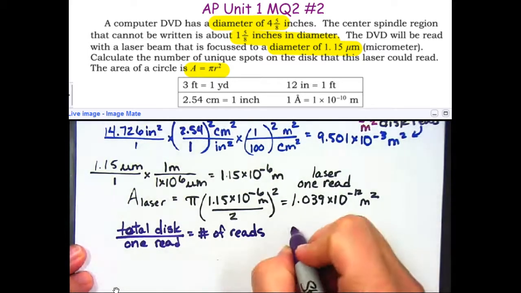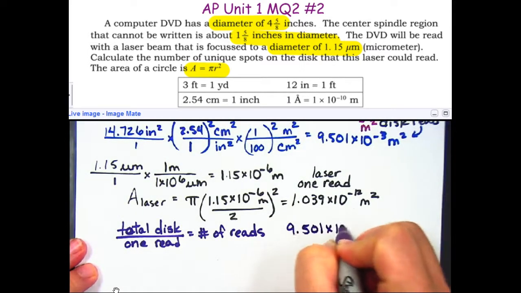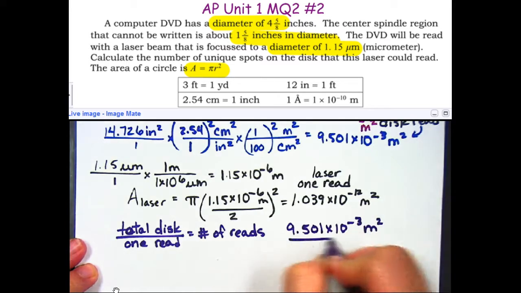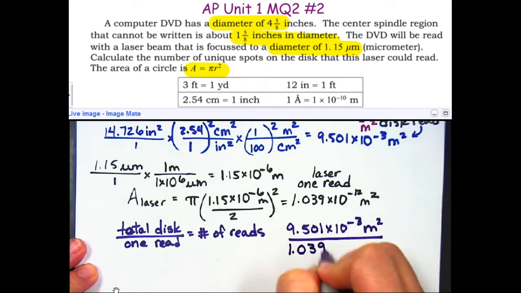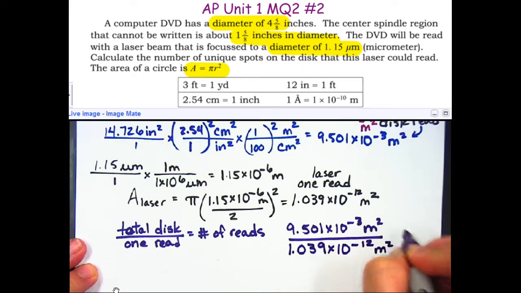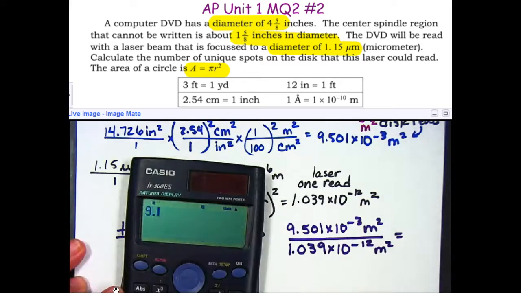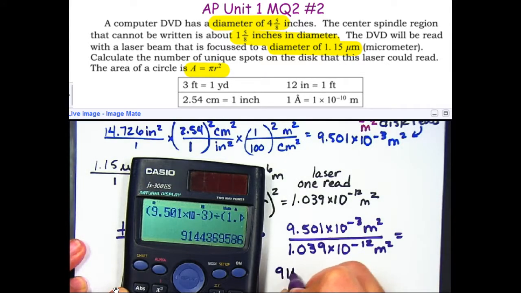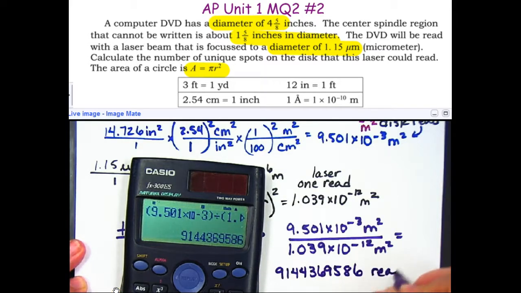So we'll take 9.501 times 10 to the negative 3 meters squared, and we'll divide that by 1.039 times 10 to the negative 12 meters squared. Okay, it gives us a very large number, 9144369586, and that's the number of reads.